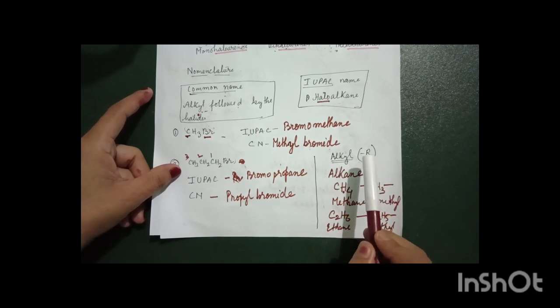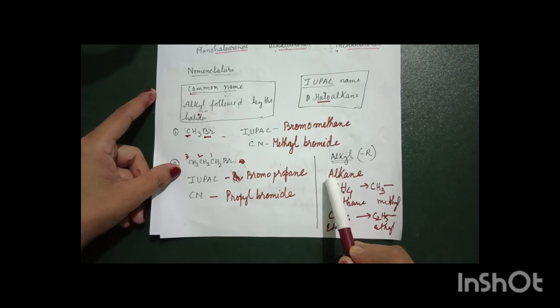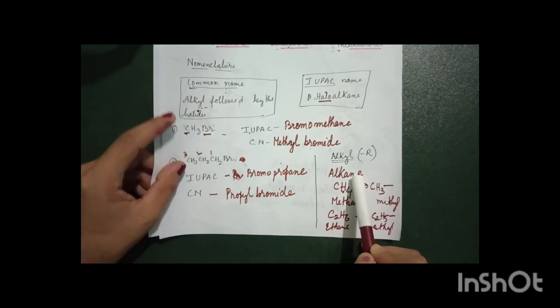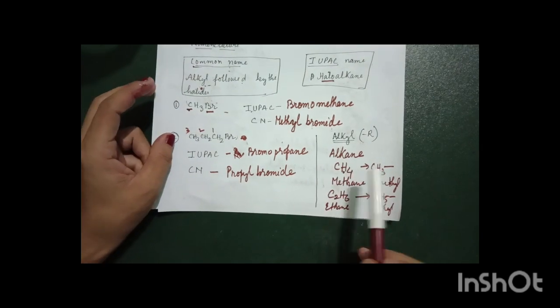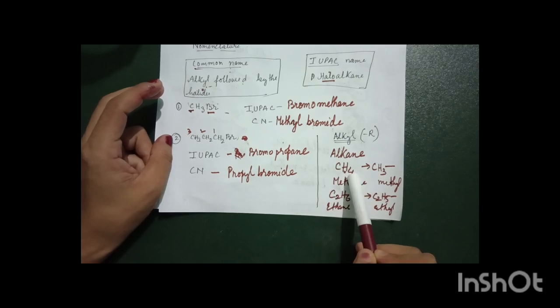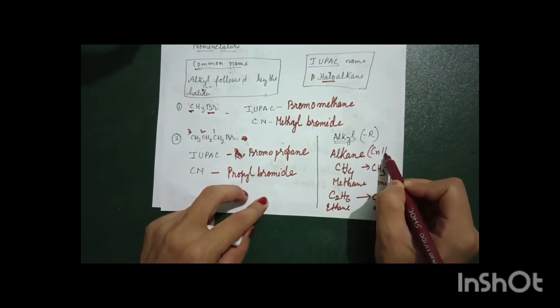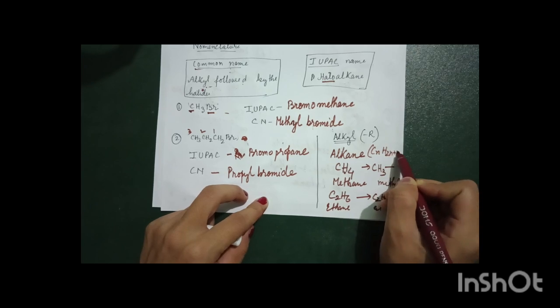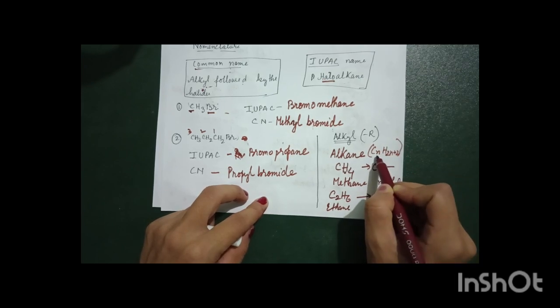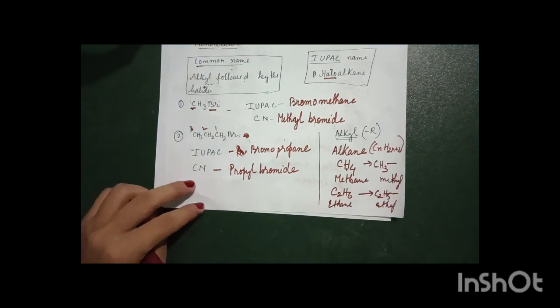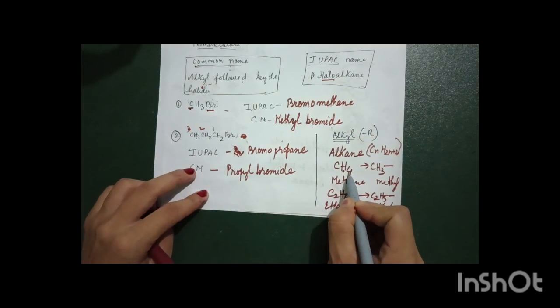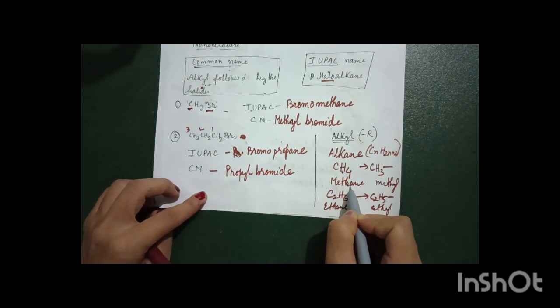In order to know what is alkyl, first we have to know what is alkane, the parent name. CH4 is an alkane. Alkanes have the general formula CnH2n+2, where n is the number of carbon atoms. CH4 has only one carbon, so it is called methane.